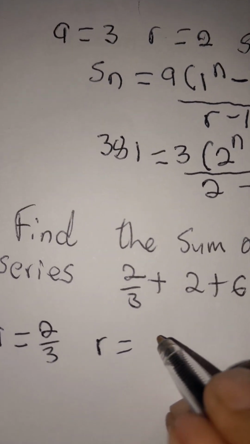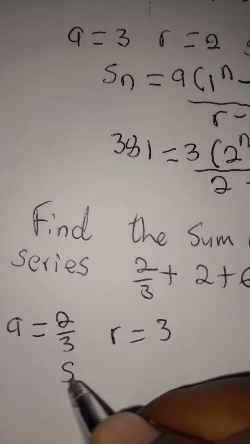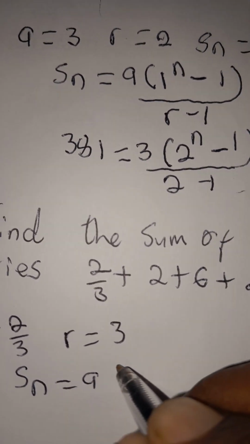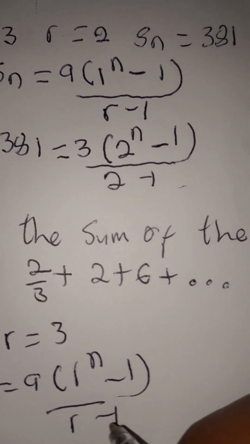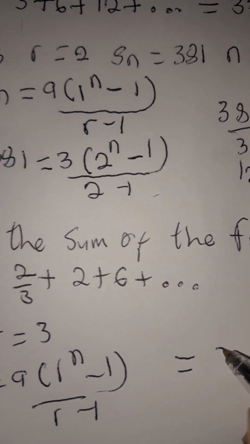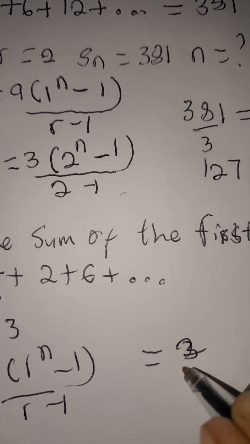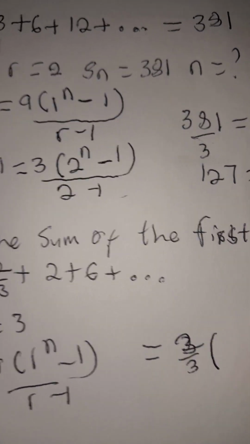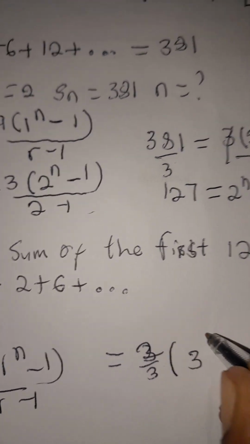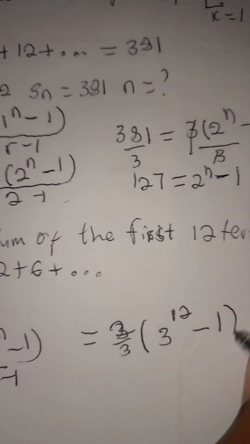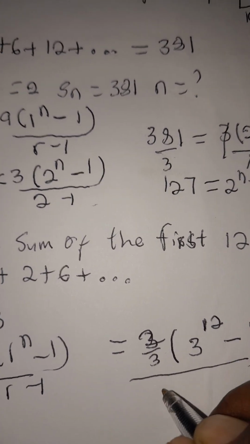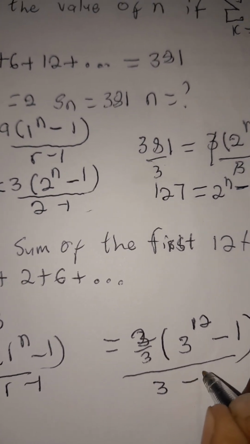We are getting 3. So we could use the same formula, Sn equals a times r to the power of n minus 1 divided by r minus 1. Our first term is 2 over 3, our r is 3, and they said the sum of 12 terms, so it's 3 to the power of 12 minus 1 divided by 3 minus 1.